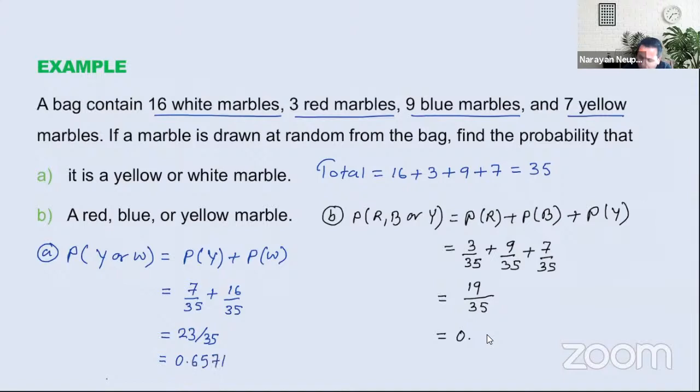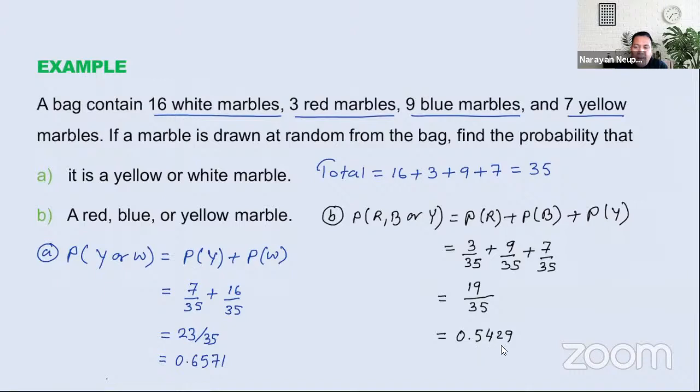Make sure you check it using a calculator. Similarly, this one will be 0.5429. Okay, one more time, please check this. 23 divided by 35, the first answer should be 0.6571. The second one is 19 over 35. That's what we get here.